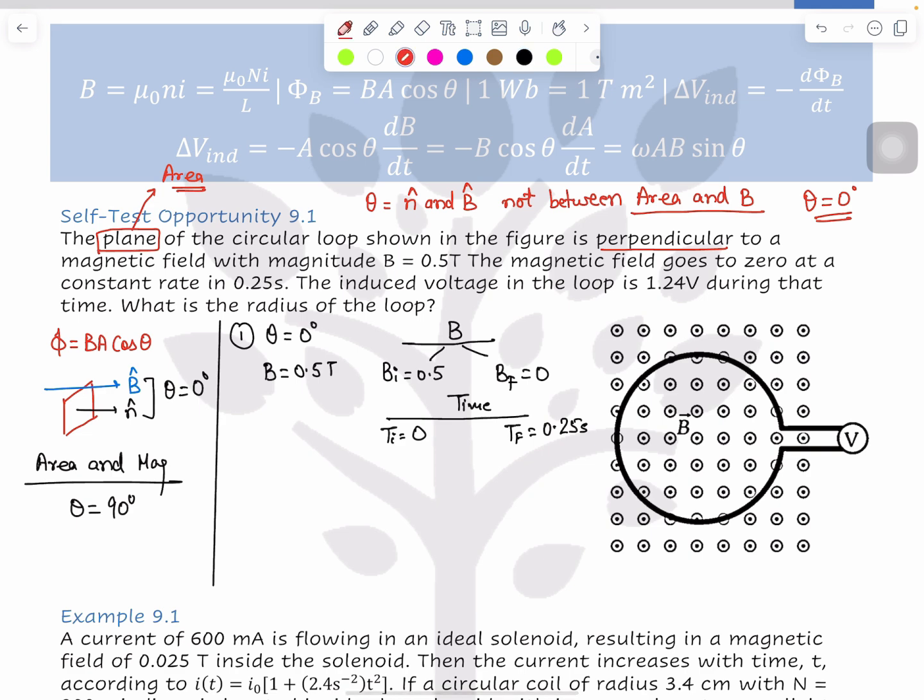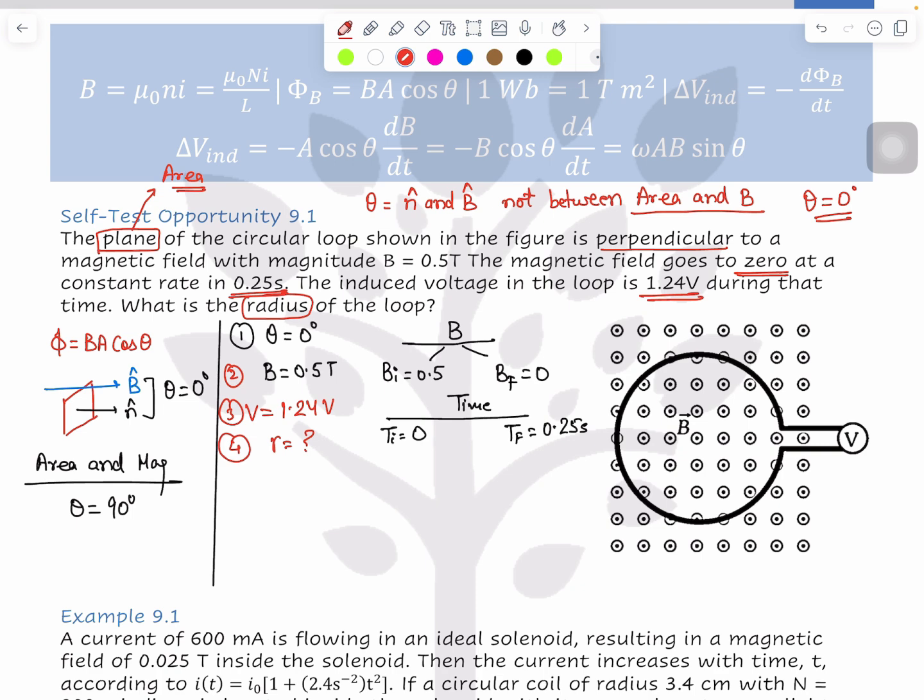The induced voltage, that is given, V induced is 1.24 volt during that. What is the radius? Fourth factor, we are looking for the radius. Clear, guys? Till here. Okay.